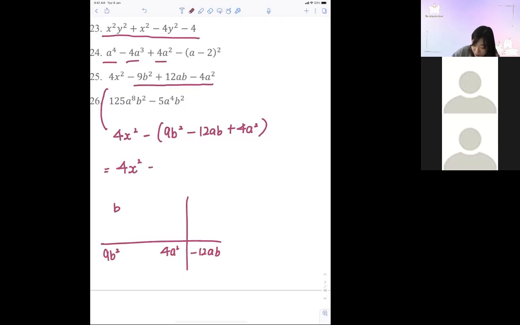B square you put B, A square you put A. 9 can split to 3 and 3, 4 can split to 2 and 2. But when you see minus here, you know must put minus, minus. So you got negative 6AB, negative 6AB. Just nice, you will get minus 12AB. So you form your bracket square.